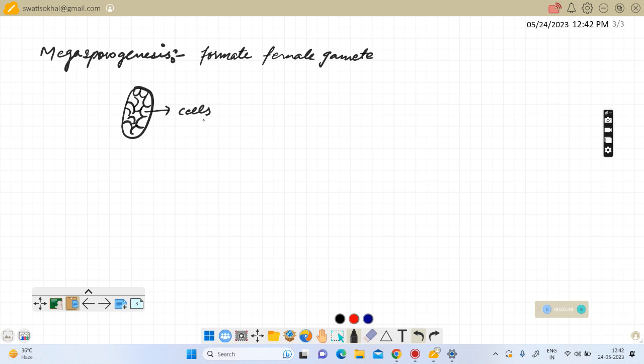In the nucellus, beta, the cells present are the germ cells, meaning they are 2n. First of all, beta, mitosis will take place, they will increase in number and they will grow in size. Now, beta, which cell is near the micropylar end?